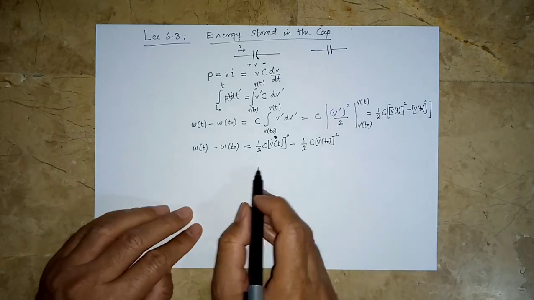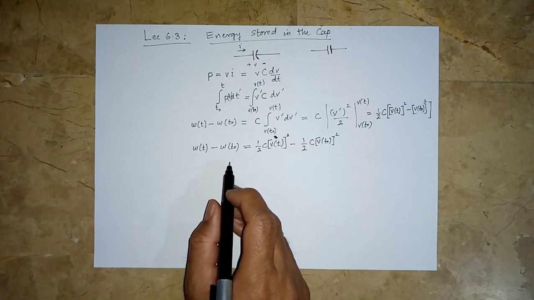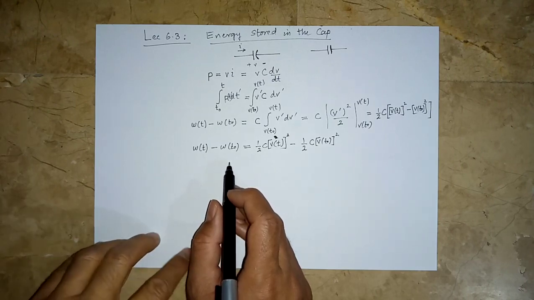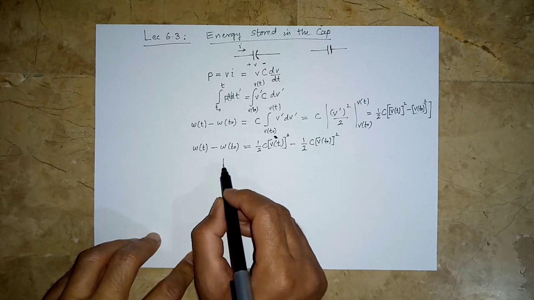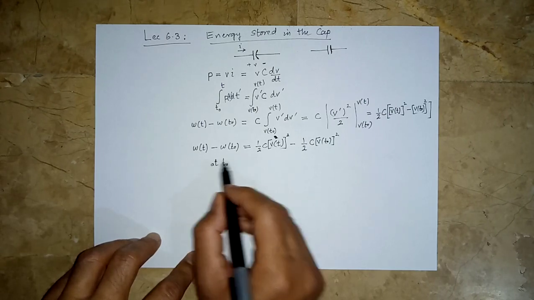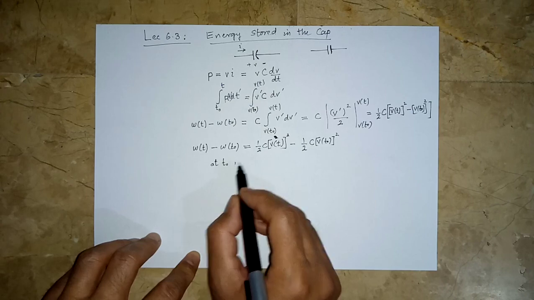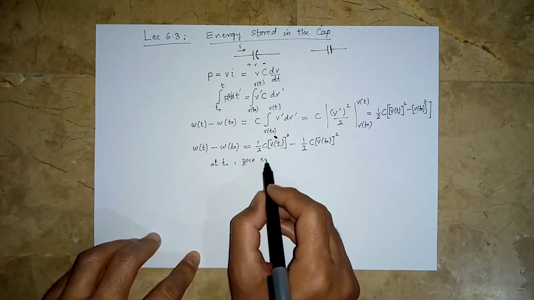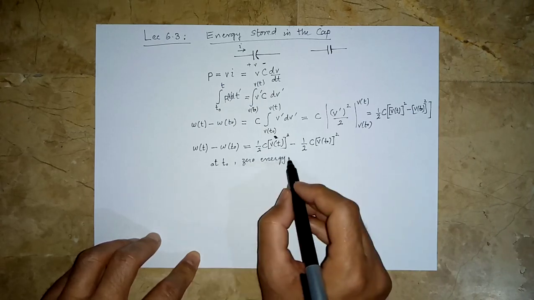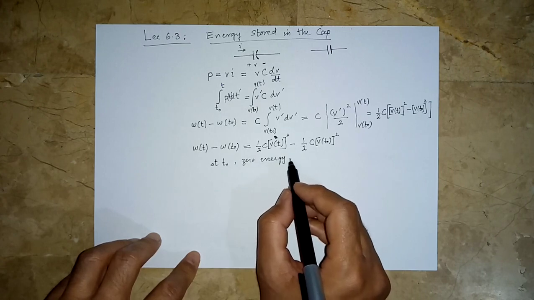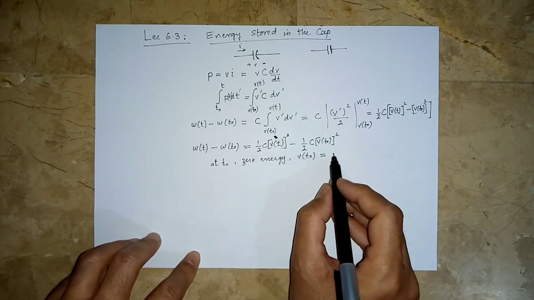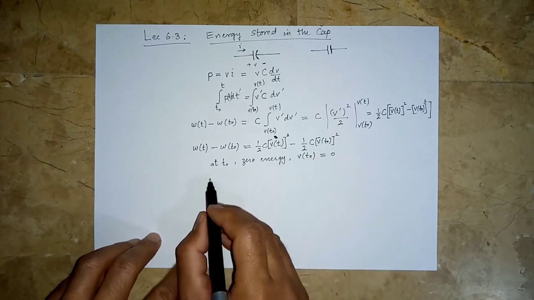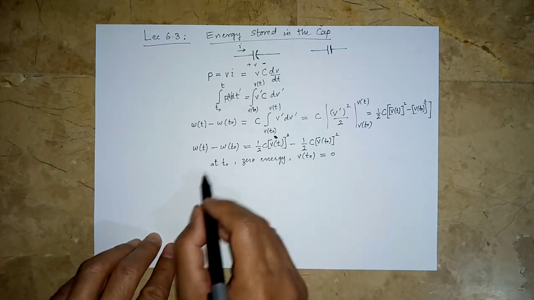Suppose the capacitor was initially unenergized at t naught. So at t naught, let us suppose the capacitor had zero energy, or it was not charged. It means that V at t naught is zero as well. So what do we get here?